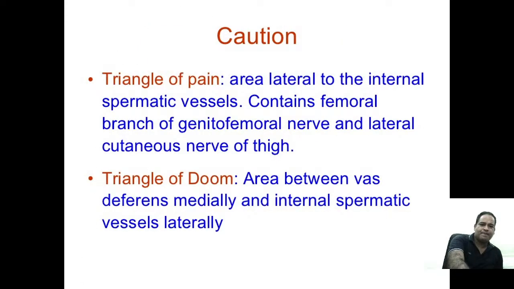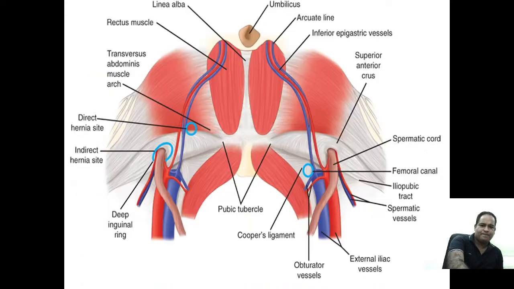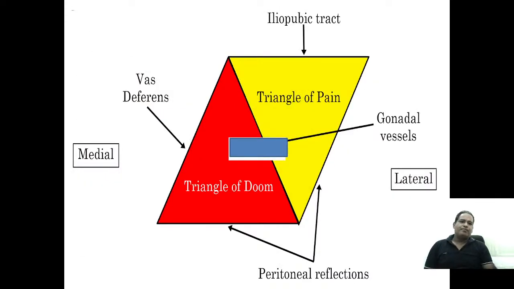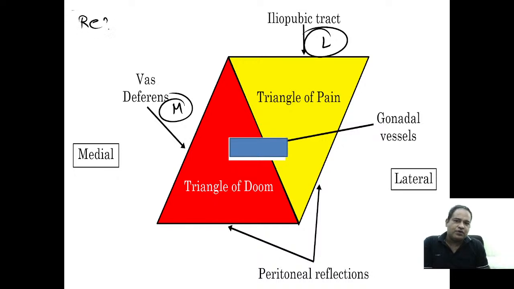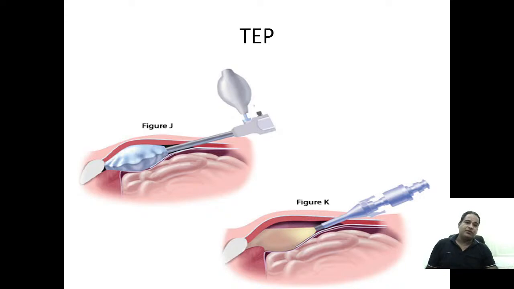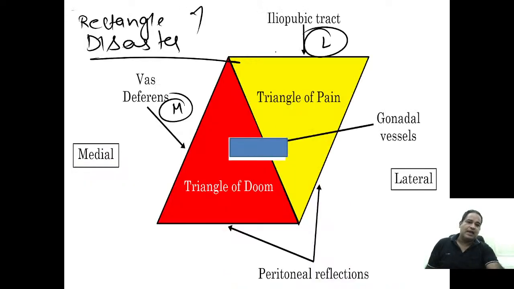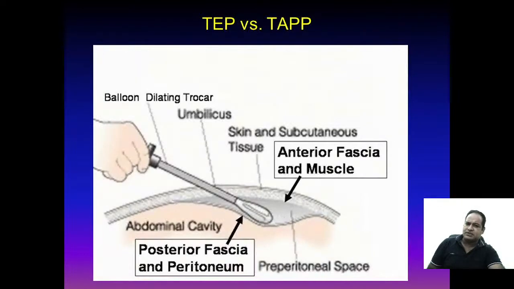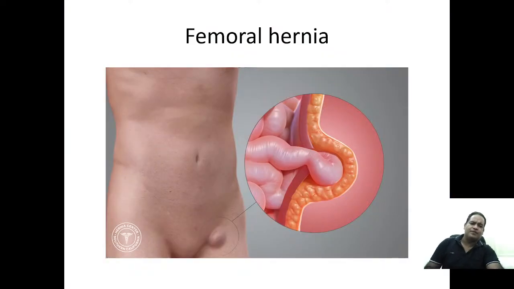Right? This is medial, this is lateral. When we join them, what do they form? The rectangle of disaster. These are the two methods, TEP and TAPP. Don't go into the details. Fine.